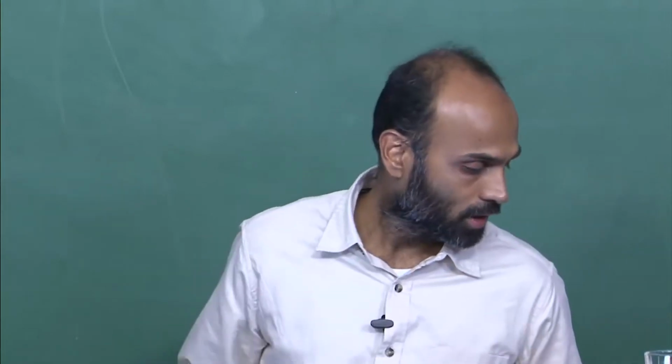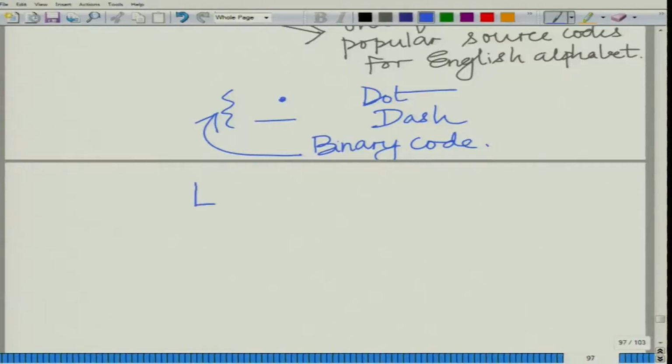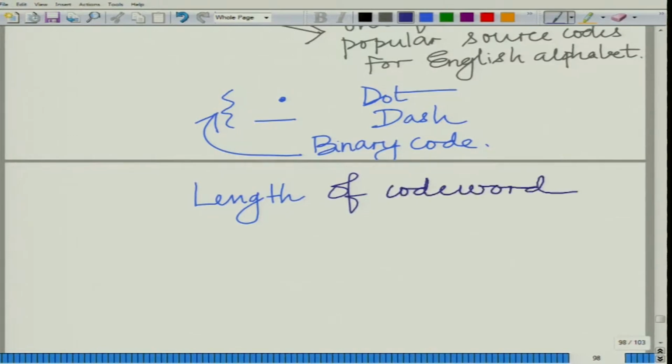And you will see that in the Morse code the length of a code word is roughly, of course the Morse code was derived more than 100 years ago, before information theory was in practice.